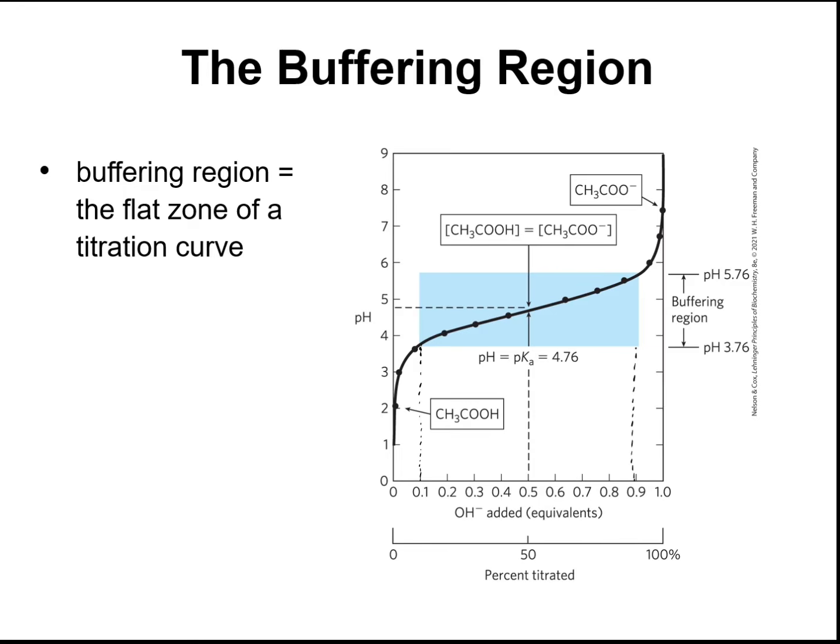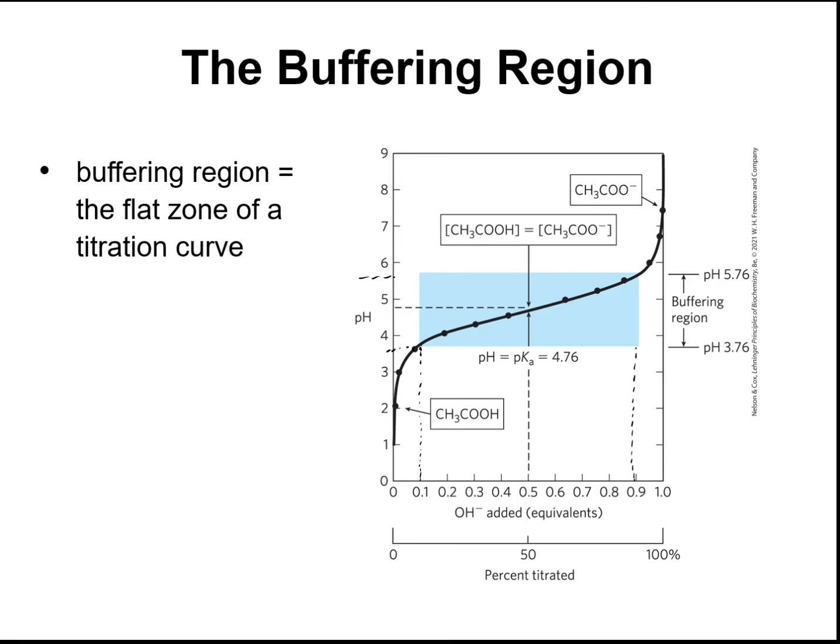The majority of the sodium hydroxide that you add is added in this buffering region. But the change in pH is pretty small. So you're adding all of this base, but the change to the pH of the solution is pretty minimal.